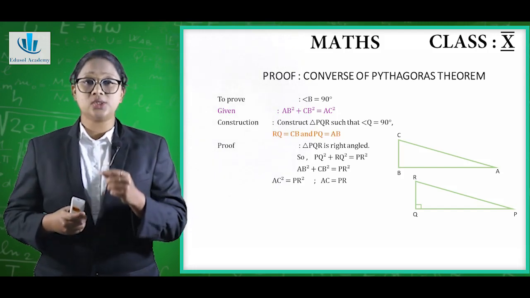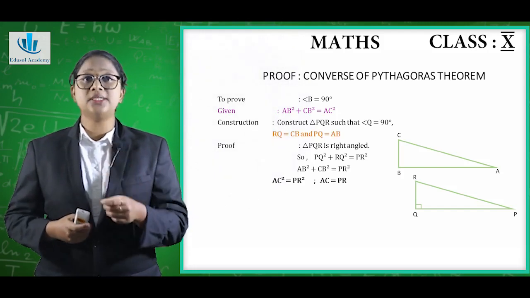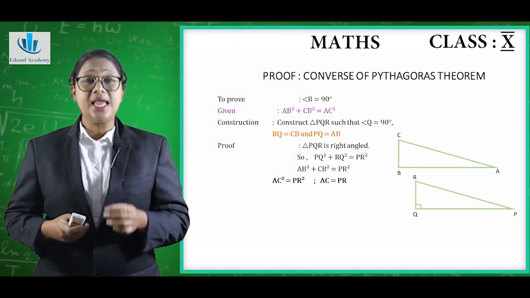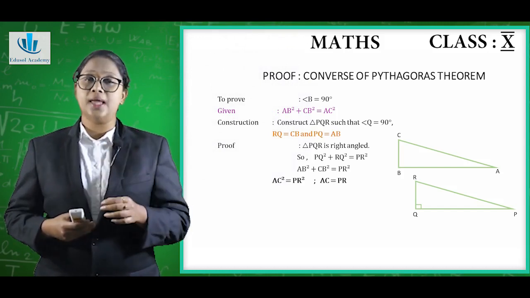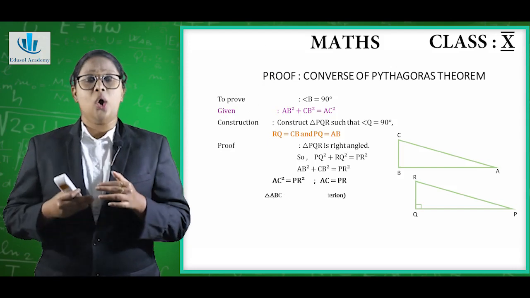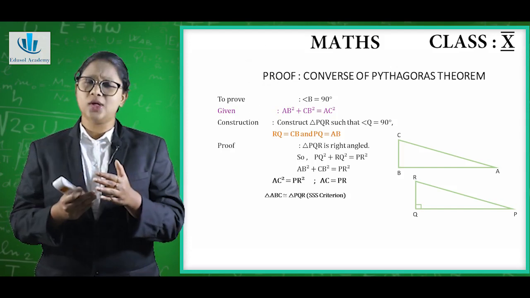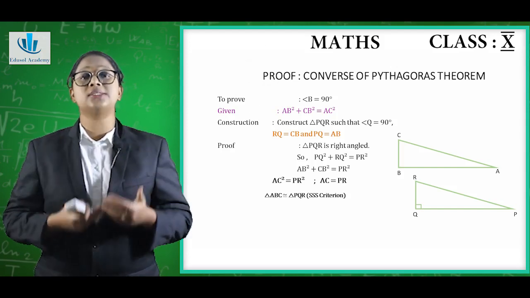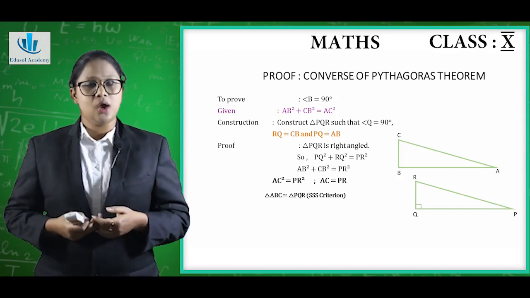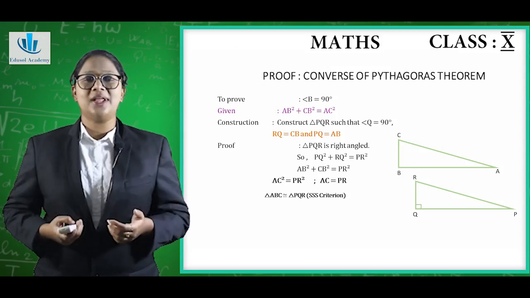Then we already constructed PQR such that RQ is equal to CB and PQ is equal to AB, which means that all the sides of the triangle PQR are perfectly equal to all the corresponding sides of the triangle ABC. What do they make then? Congruent. That's right.